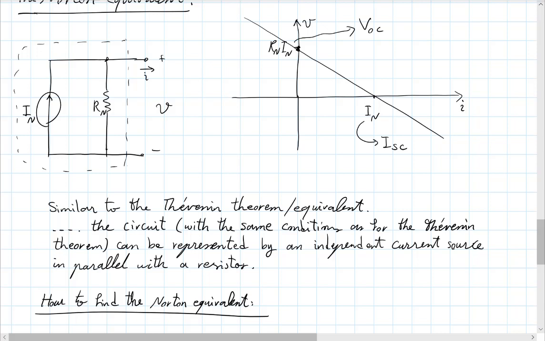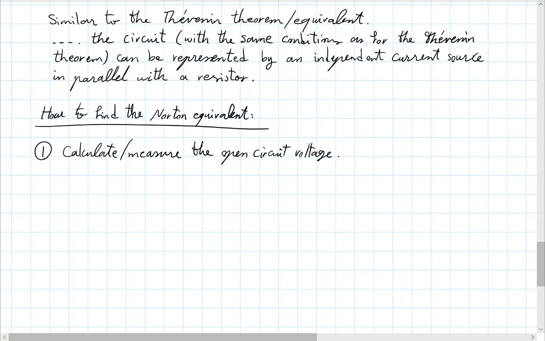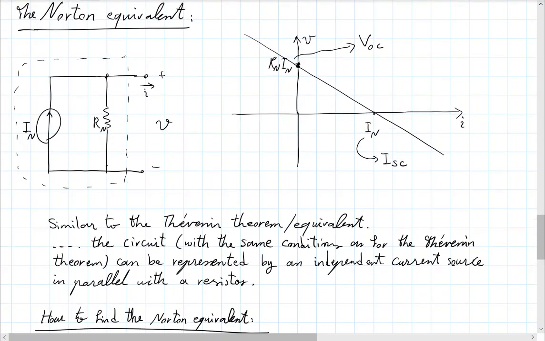Calculate or measure the open circuit voltage and calculate or measure the short circuit current. You see that your VOC in this case corresponds to RN times IN.